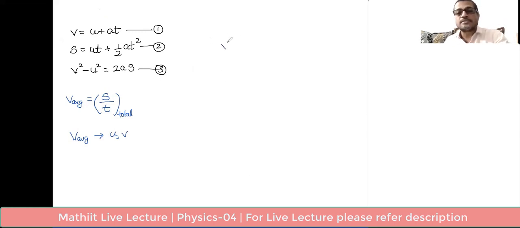Let us start with this one. Average velocity, the very definition, is total displacement by total time. From equation 2, we know that total displacement can be written as ut + (1/2)at², divided by total time. So what do we get here?